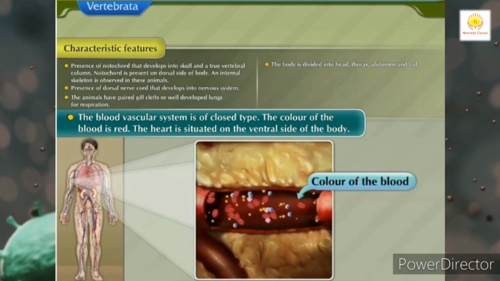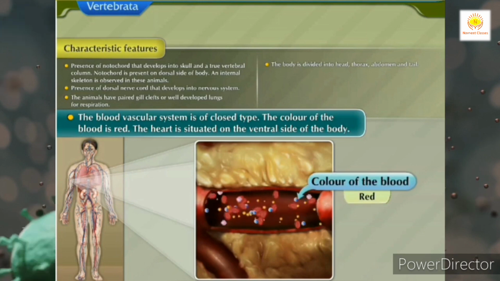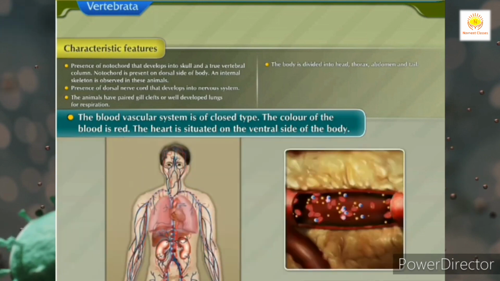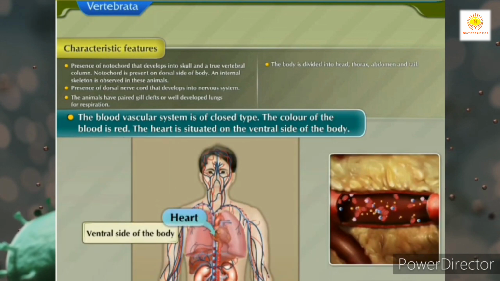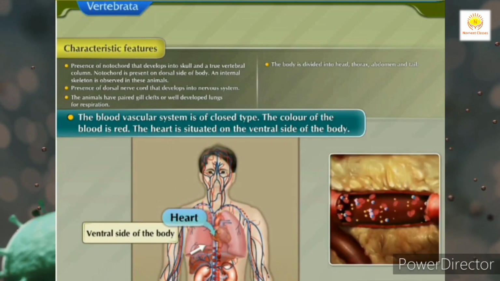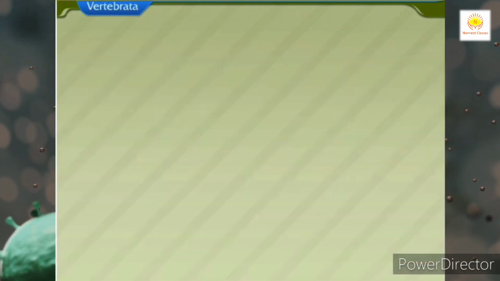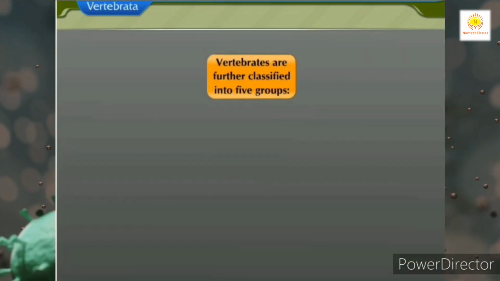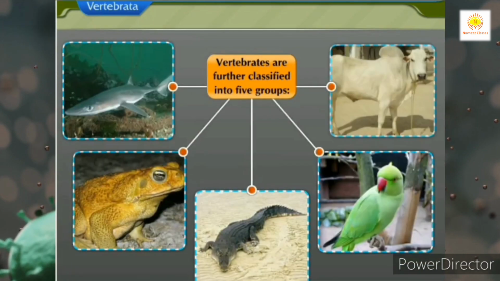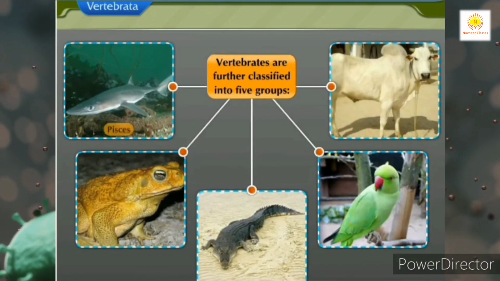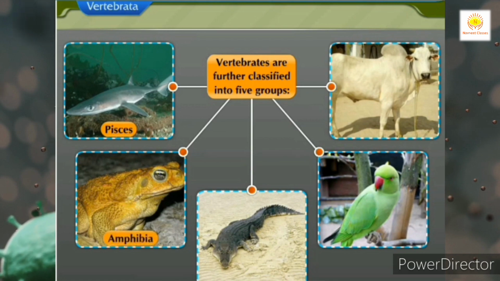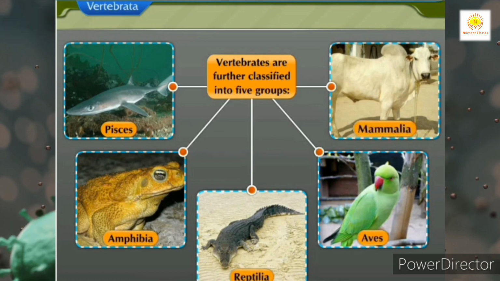The color of the blood is red. The heart is situated on the ventral side of the body. Vertebrates are further classified into 5 groups, namely Pisces, Amphibia, Reptilia, Aves, and Mammalia.